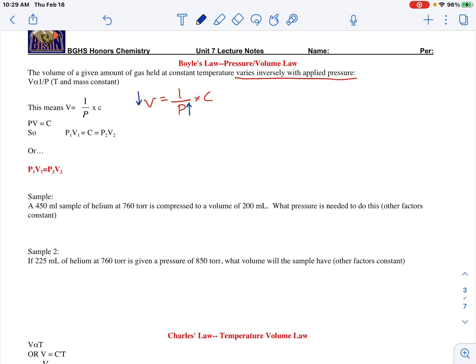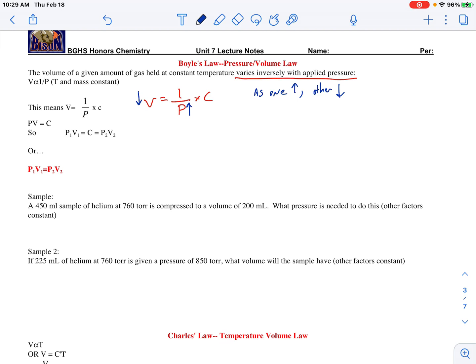Because you're dividing by a larger number, that means the overall volume value will go down. So inversely, remember, as one goes up, the other decreases. And we've seen inverse relationships before, like with the speed of light.